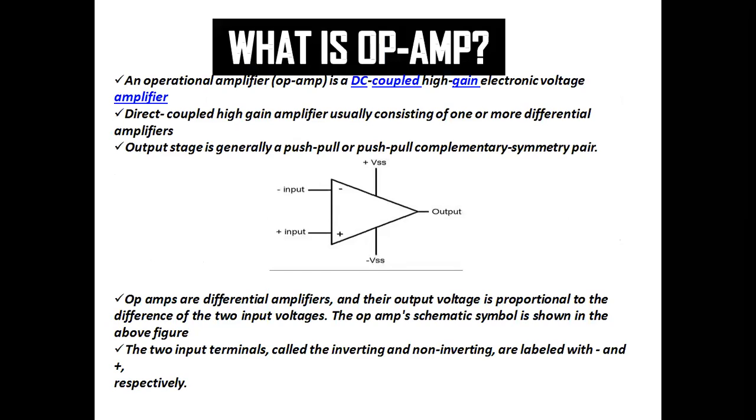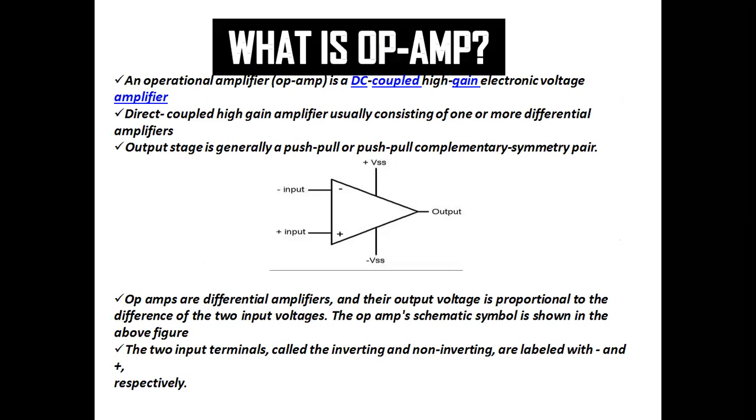If you see the circuit diagram, the symbol for the op-amp will look like this. It has two input terminals. The op-amp is a DC coupled high-gain electronic voltage amplifier. There are different types of op-amp.